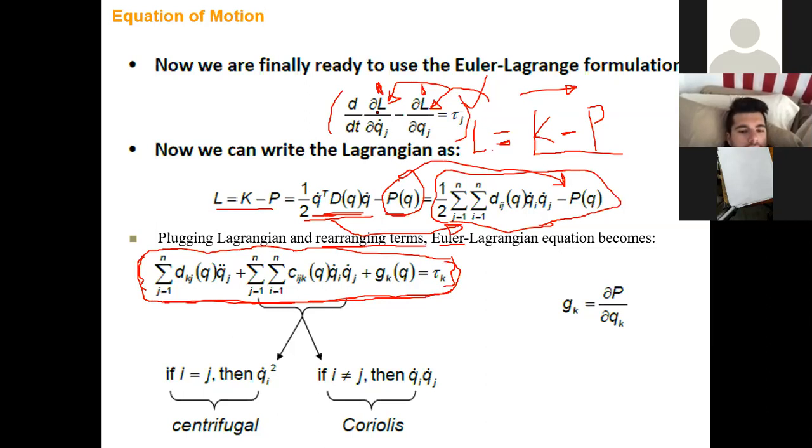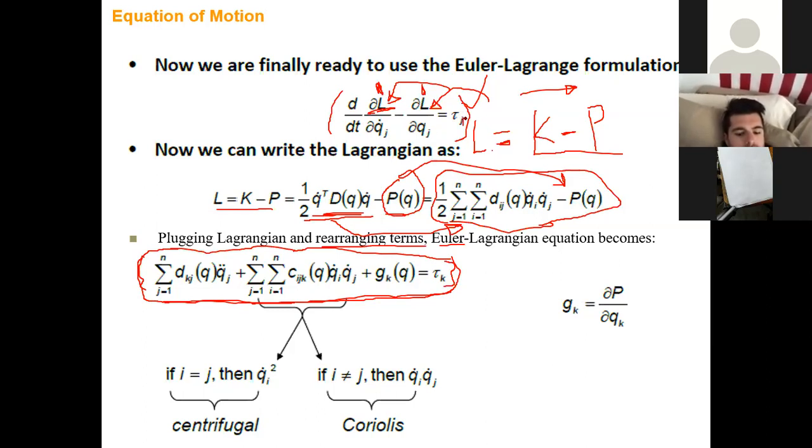Because you have to take the partial derivative of L with respect to q dot, then take the derivative d over dt. Then you have to subtract this guy, I call it k here. You could call it k here also, this is just a dummy variable, right?